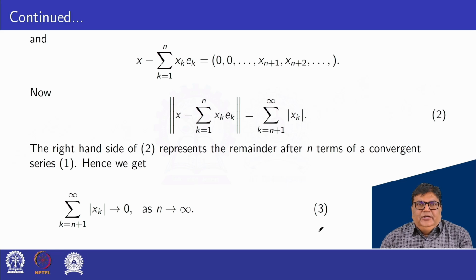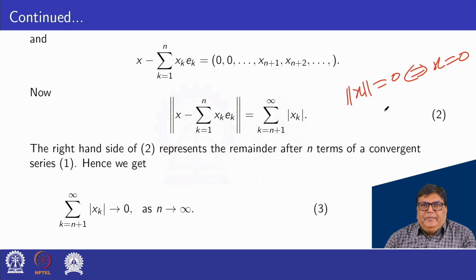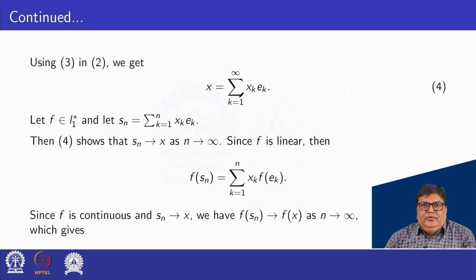Equation 3. Since this converges to 0, it means the norm tends to 0, and we know that norm x is equal to 0 if and only if x is equal to 0. This is the property. Using this property, x minus summation k equals 1 to n of xk ek tends to 0.